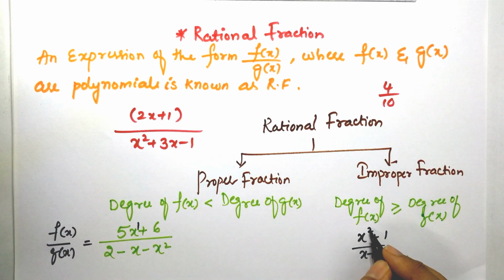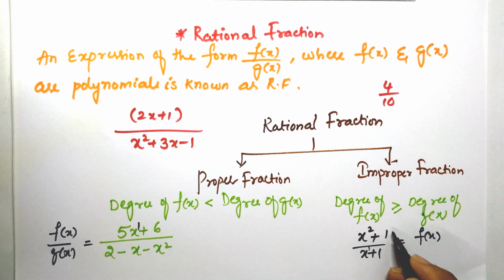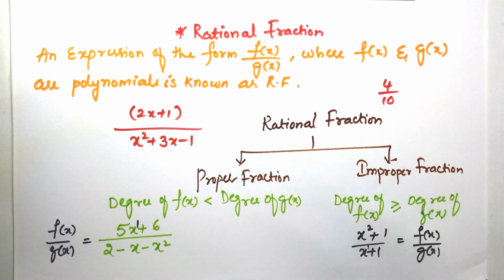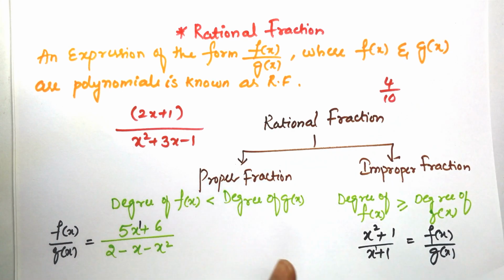Here you can see the degree of the numerator is 2 and the degree of the denominator is 1. So the degree of the numerator is greater than the degree of the denominator, and we call this an improper fraction. So rational fractions are classified in two ways, proper and improper, and depending on the degrees, you need to identify that.